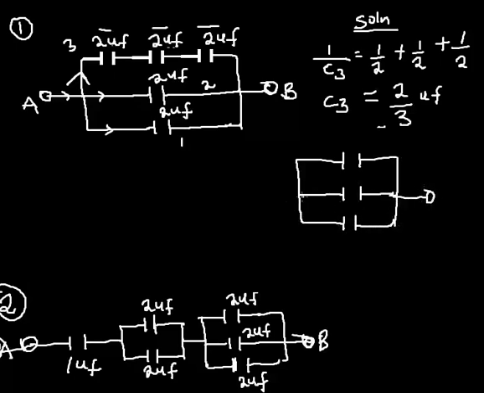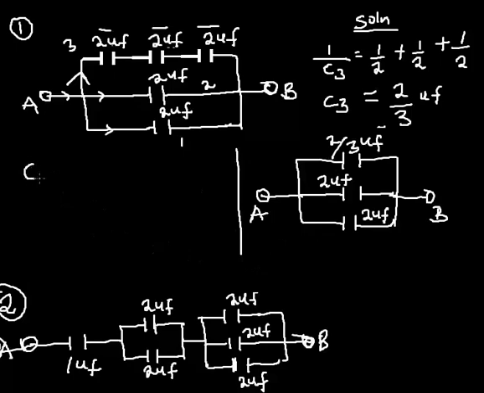So I've already resolved the third branch, which gives me 2 over 3 microfarad, and the other two are 2 microfarad each. Everything now is in parallel, and you know how to resolve parallel capacitors.